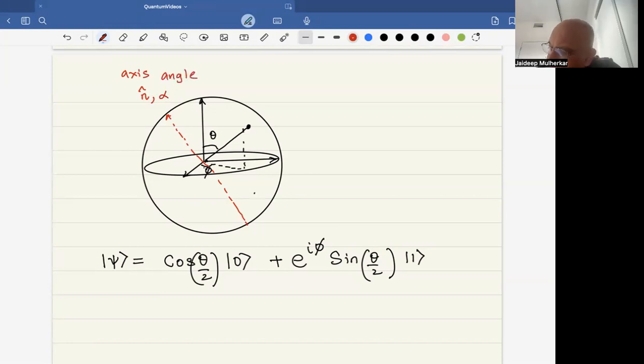So quantum gates are unitaries on C2, right?